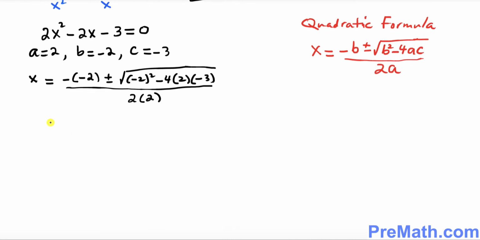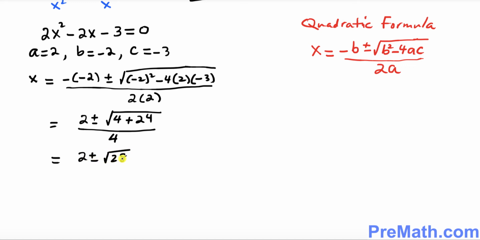Two negatives give you positive 2, plus minus the square root of 4 plus 24. Everything is divisible by 4. 2 times 2 is 4. So I can simplify further. So I can write square root of 28 divided by 4.